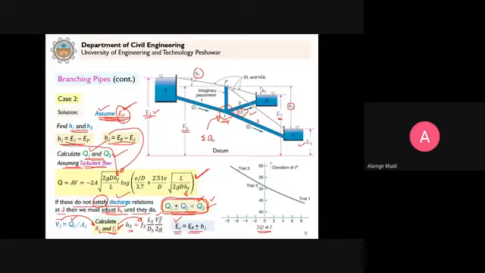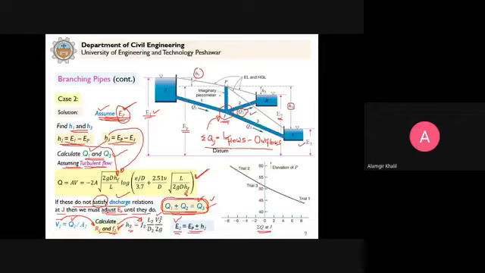So summation of q at point j is simply equal to inflows, whatever flows move towards the junction, minus outflows. This is summation of qj. So the inflows coming to this junction j, and the outflows.